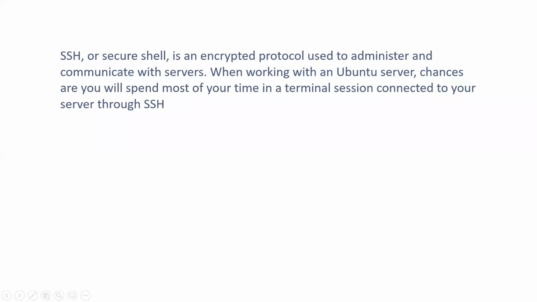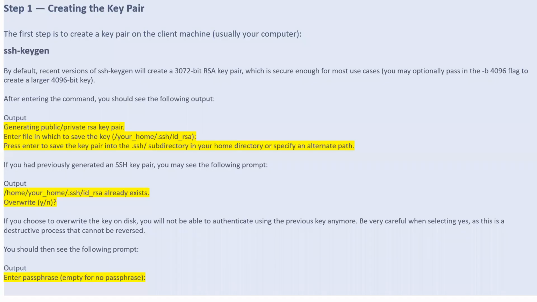When we talk about SSH, secure shell is an encrypted protocol used to administer and communicate with servers. When working with an Ubuntu server, chances are you will spend most of your time in a terminal session connected to your server through SSH. If you want to generate an SSH key, we must use a predefined command called ssh-keygen from the Ubuntu server.